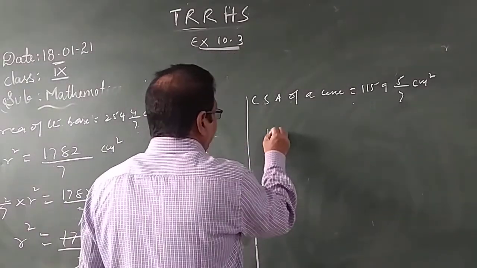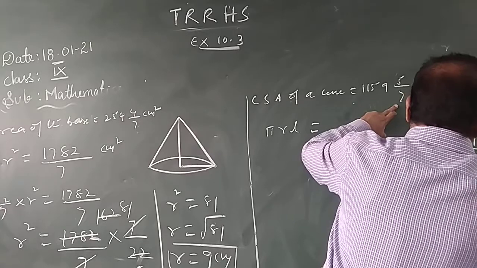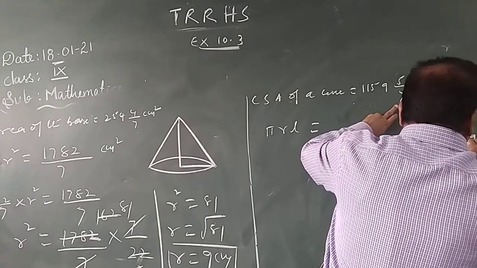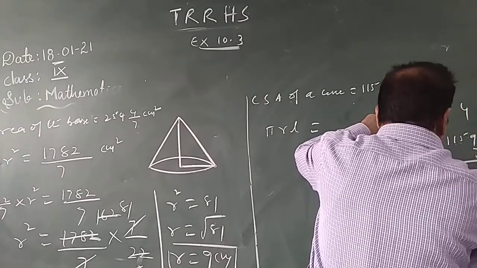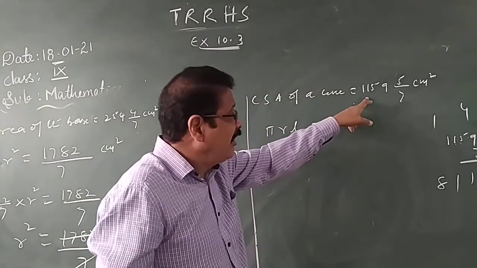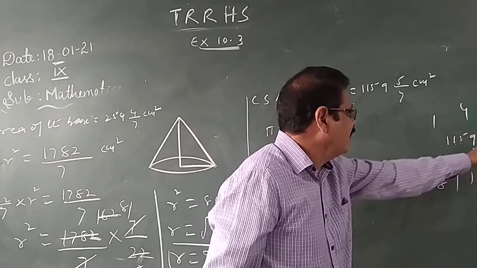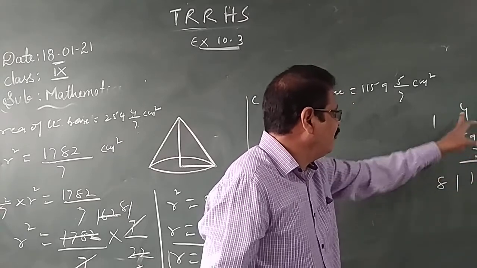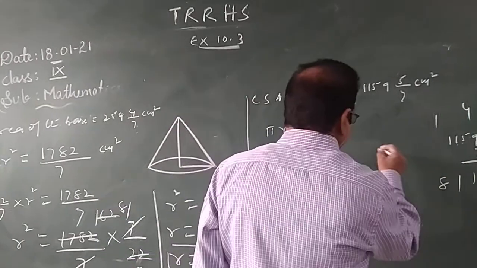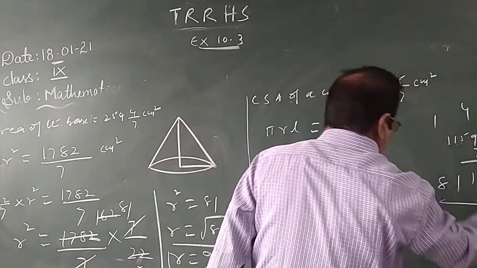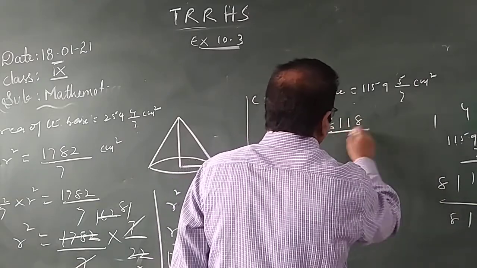The CSA of a cone formula is pi r l. 1159 into 7: 7 9s are 63, 6 carry; 7 5s are 35, plus 6 is 41, 4 carry; 7 1s are 7, plus 4 is 11, 1 carry; 7 1s are 7, plus 1 is 8. Then 8113 plus 5 gives 8118. So 8118 by 7.